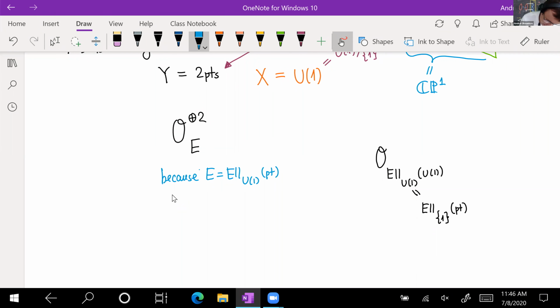So we have two copies, and here I'm going to get just one copy of the structure sheaf at the origin, right?